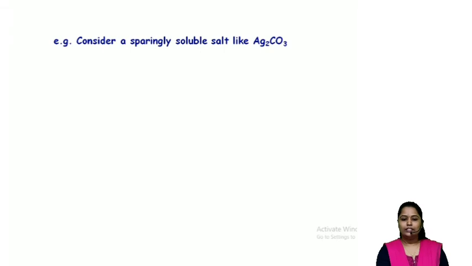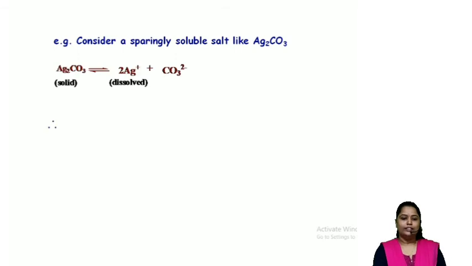Then here we consider a sparingly soluble salt like Ag2CO3 and we derive the expression of solubility product for this salt. There is an equilibrium between the salt and its ions in aqueous solution. Ag2CO3 is in equilibrium with 2Ag+ and CO3 2-.